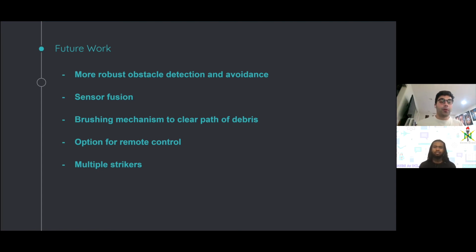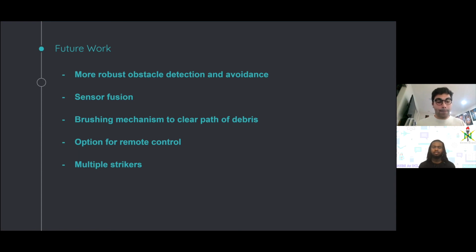We also would have liked to implement a gyroscope into the sensor system and do sensor fusion so that the state estimator is more accurate. Also, we would have liked to add a brushing mechanism in front of the robot so that it could clear its path and make sure there was no debris or small obstacles that the sensors would not be able to detect.